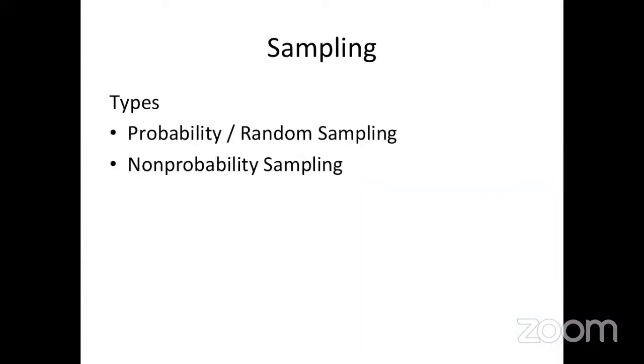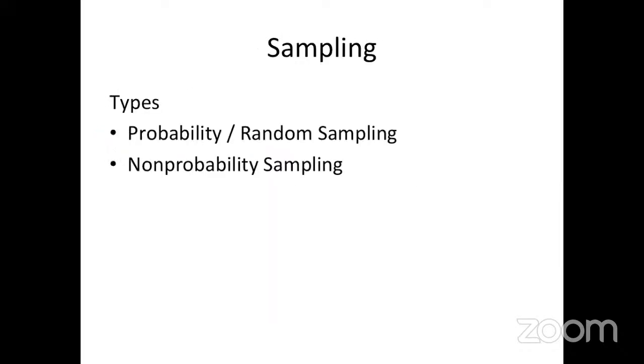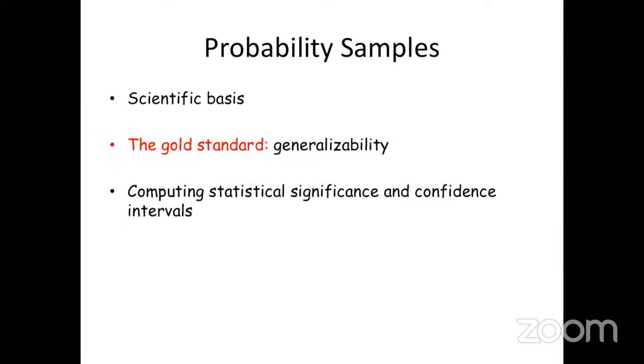Depending upon the type of sampling, it can be probability or random sampling or non-probability sampling. I'll not go into the details of this because it's a little complicated. But what you need to understand is most of the time it's preferable to go for probability sampling. Probability sampling is the sampling method where every person has a definite chance of getting involved in the study.